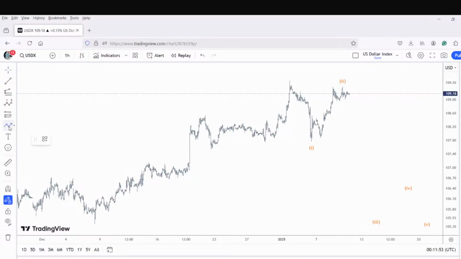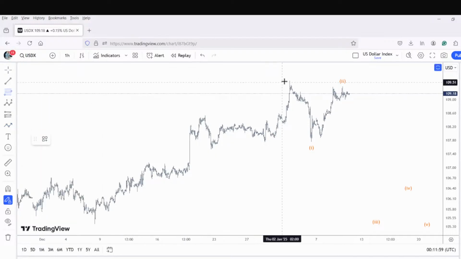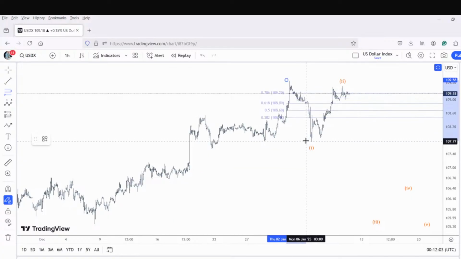But I think we are neatly set up for a trend reversal on the downside for the dollar index, either today or beginning the next week. I think New York session today will be quite action packed, or should be quite action packed.